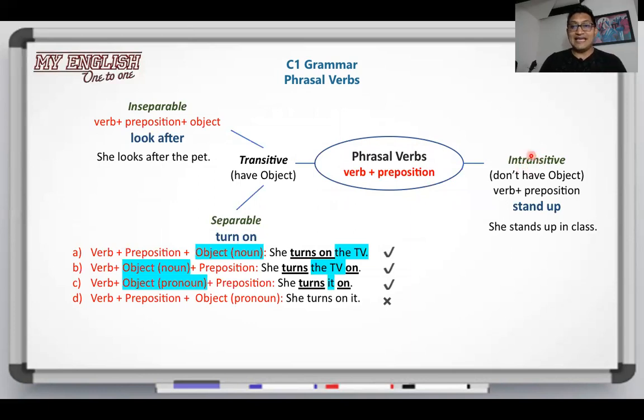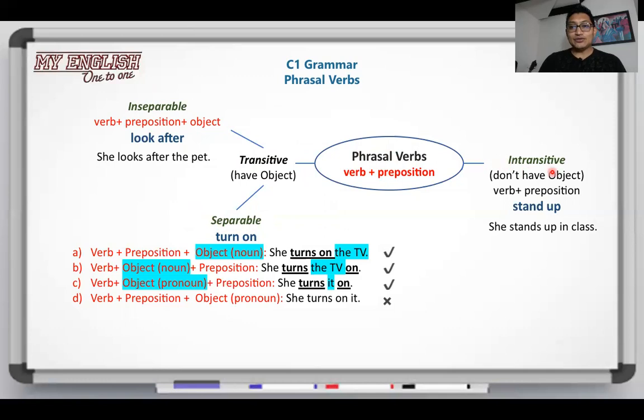So we have the intransitive phrasal verbs, the transitive phrasal verbs. Now, the transitive phrasal verbs have two groups, the inseparable transitive phrasal verbs, and we have also the separable transitive phrasal verbs. Let's quickly understand and jump into this with more detail.